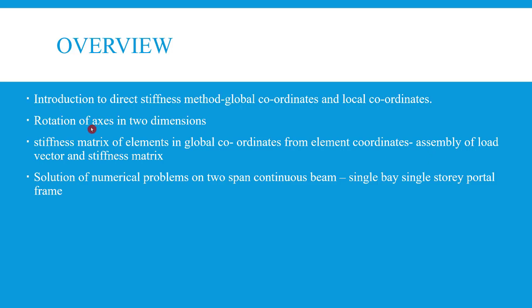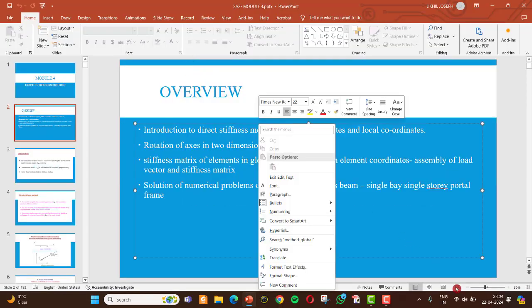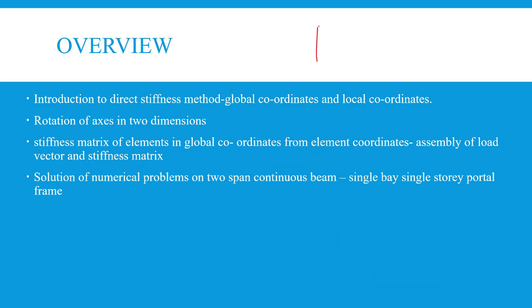Then the rotation of the axis in two dimensions. So we just briefly explain. I have a frame with fixed ends, and I have individual beams and columns, and each individual beam or column will have its own axis, its own local coordinate, and there will be a global coordinate XY for the total structure.